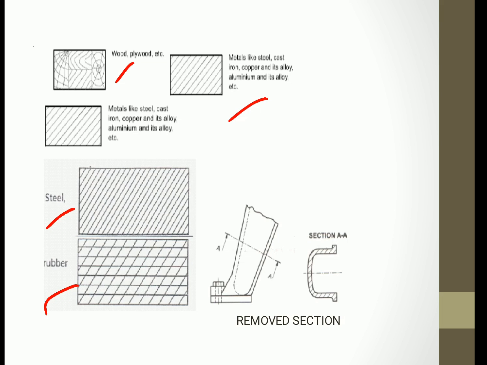Then steel and rubber. So this rubber symbol covers asbestos, fiber, felt, synthetic resin products, paper, leather, rubber, wax, insulating and filling materials.